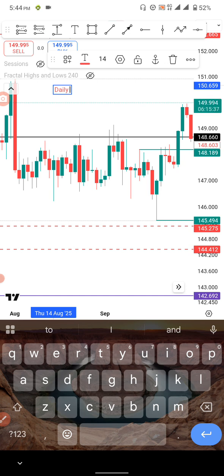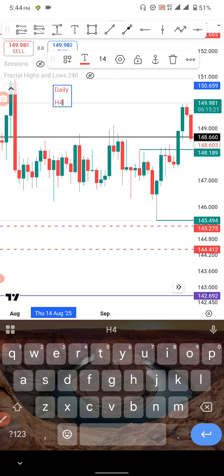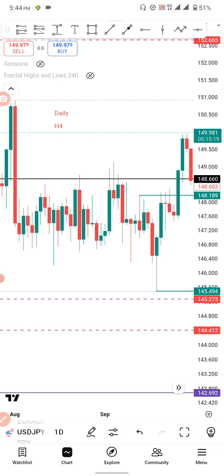Now we have to scale down to the next time frame to daily. That will label for us the liquidity engineering, and it will do for us the retracement and the continuation. It is supposed to be H4, because it is the next time frame to this daily time frame.